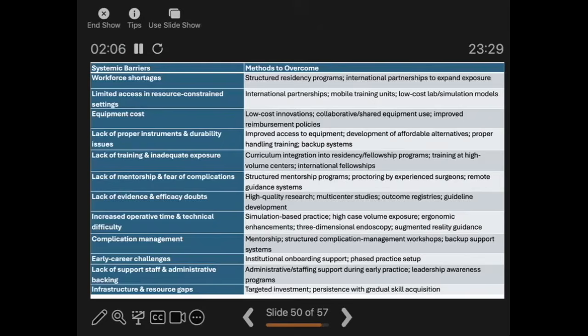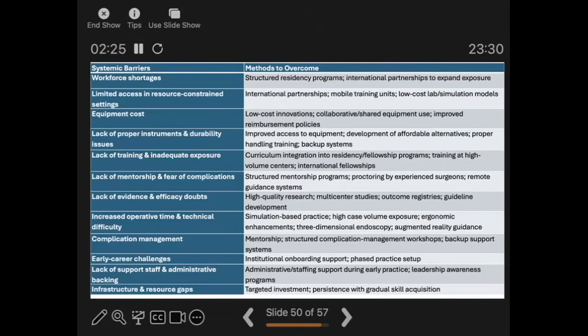Lack of training and inadequate exposure is a problem. Curriculum integration into residency and fellowship programs, training at high volume centers and international fellowships are required.